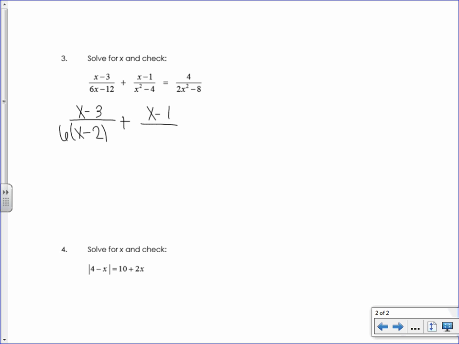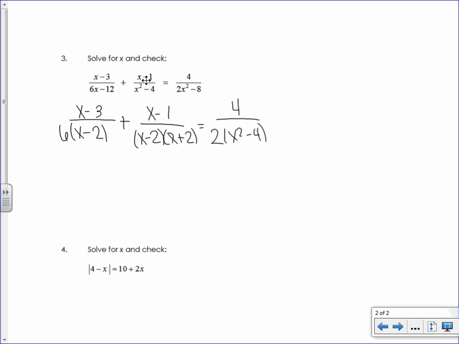Plus, this is the difference of perfect squares. It factors into x minus 2 times x plus 2. And then over here, there's a GCF of 2, and you are left with x squared minus 4.